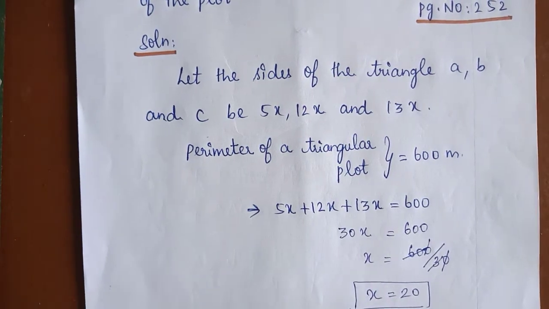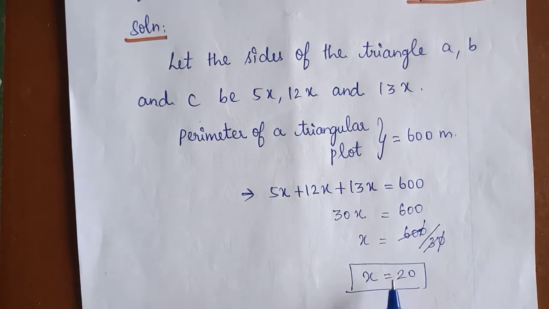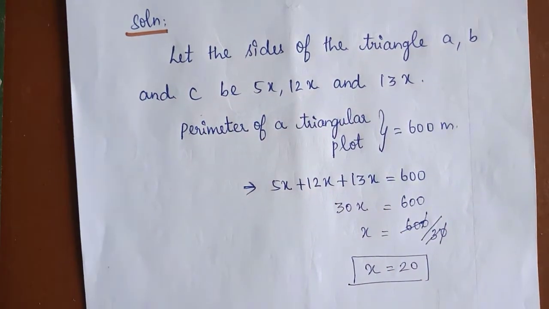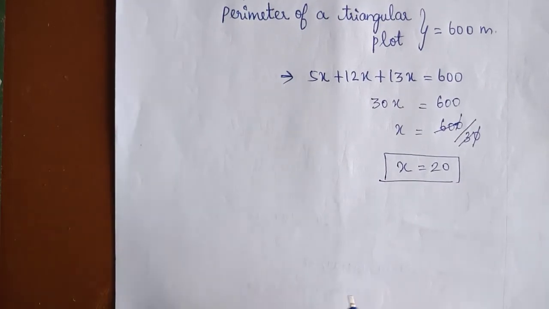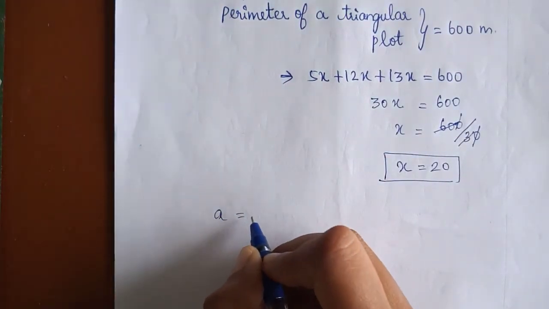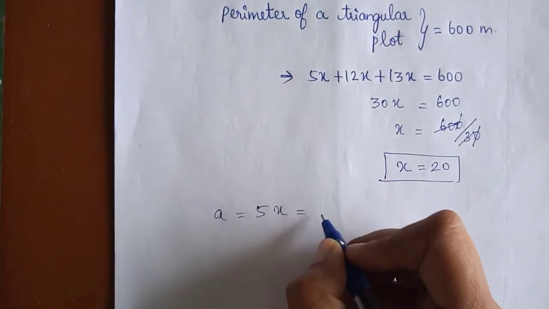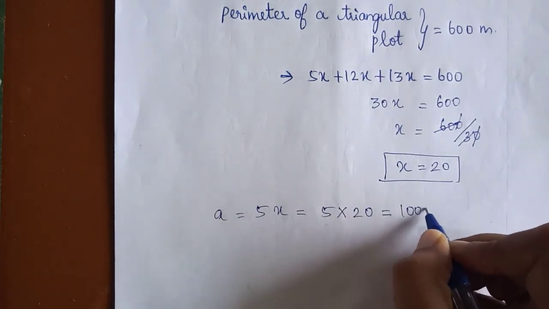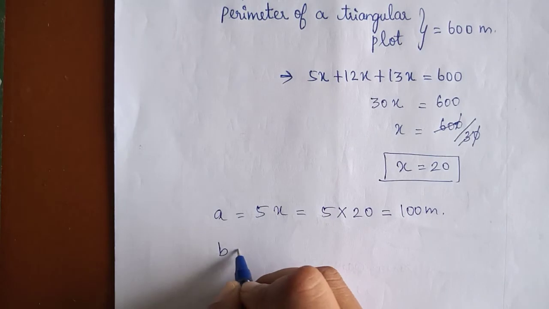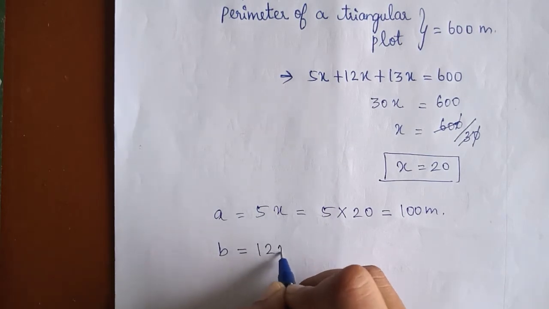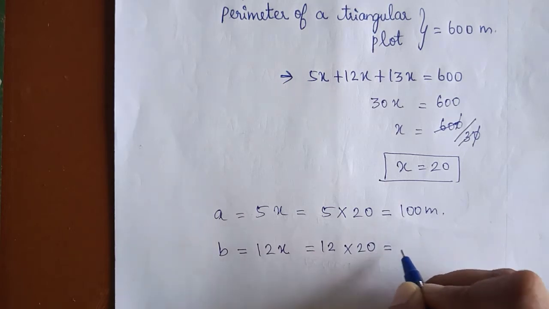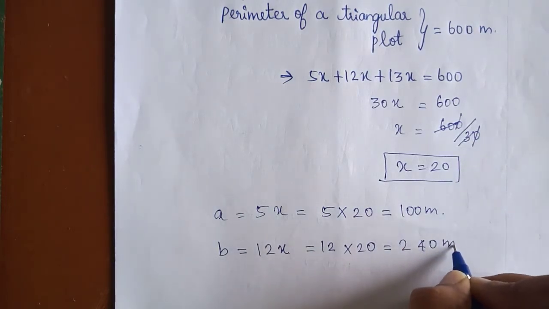So now you substitute the value of x is equal to 20 in 5x, 12x and 13x. You get the sides of the triangle. So the first side A is equal to 5x, which is equal to 5 into 20 is equal to 100 meter. Then B is equal to 12x, which is equal to 12 into 20 is equal to 240 meter.